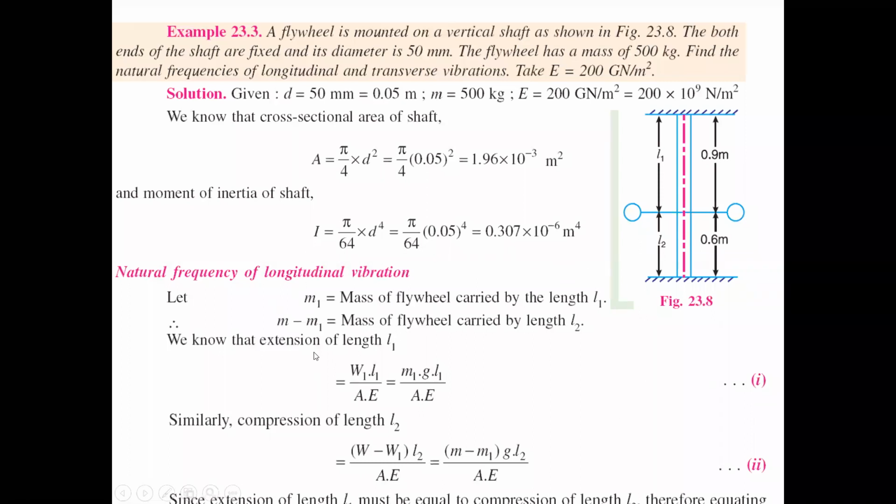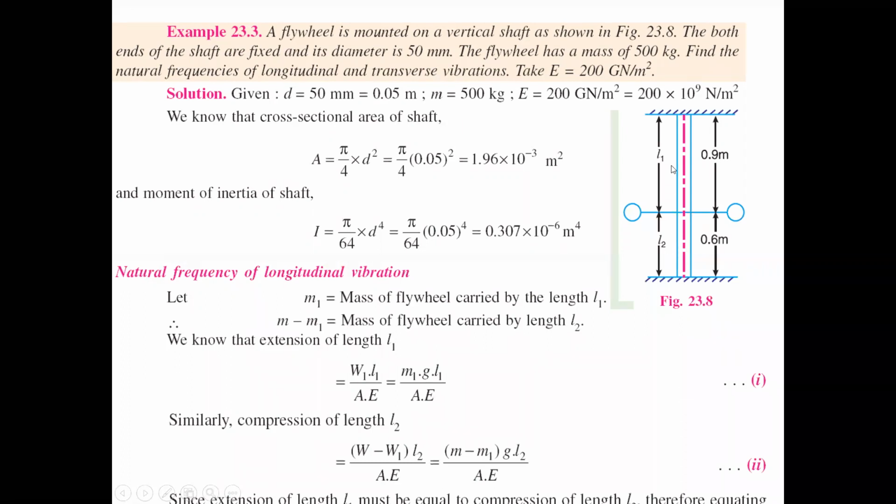Now, to find the longitudinal vibrations, let small m1 be the mass of the flywheel carried by the length L1, and the remaining mass, m minus m1, be the mass of the flywheel carried by the length L2.